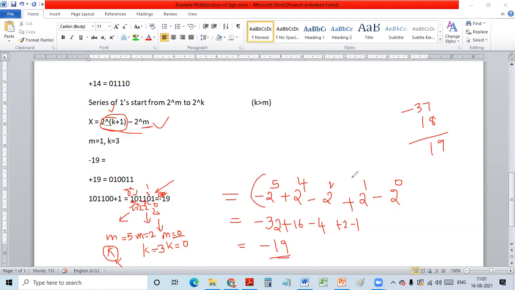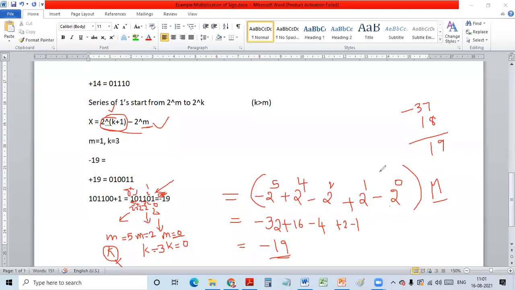Now when this number is multiplied by a multiplicand, your multiplicand has to be shifted by 0 times and subtracted, and the same multiplicand has to be shifted by 1 time left and added.